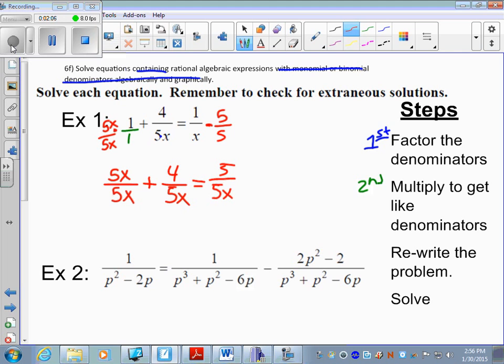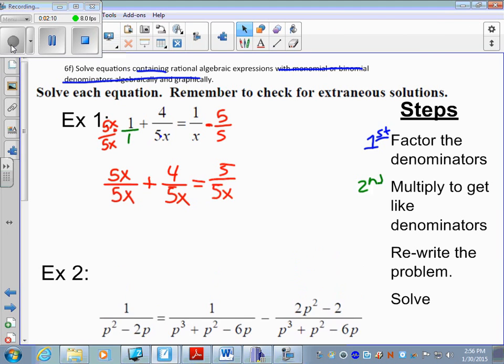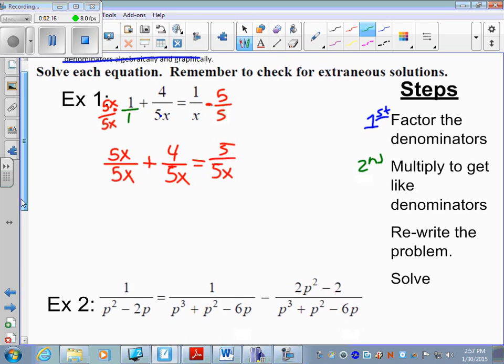Once we have like denominators, now this is going to probably be a little weird, but we rewrite the problem. I'm going to rewrite it as just the numerator. Our denominators are the same, so I'm going to rewrite the numerator and solve that problem. And that actually solves for x. That will be the end of the problem.